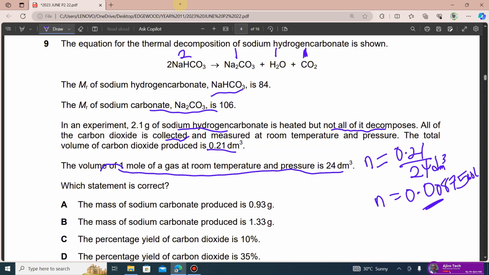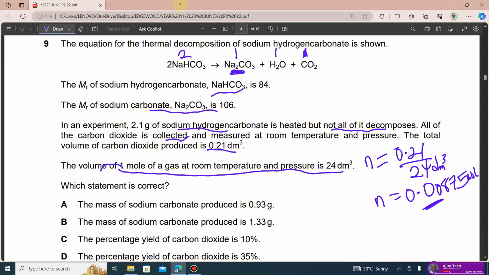So if we have the number of moles of the gas collected completely, then we can use the idea of stoichiometry to compare with the mass of sodium carbonate that is going to be produced. Remember that the ratio is simply 1:1.